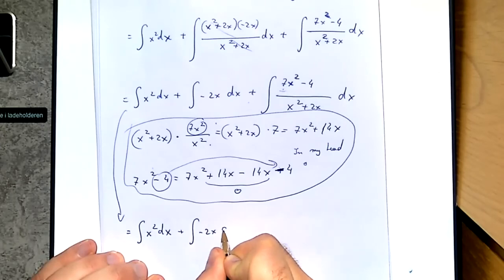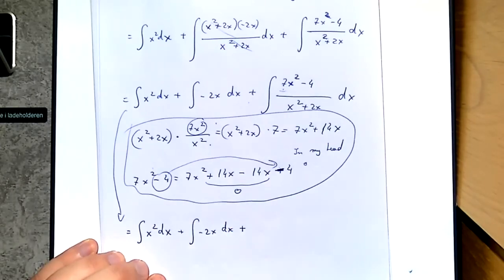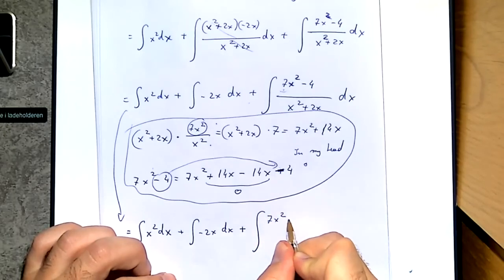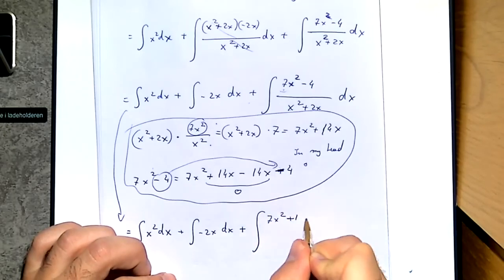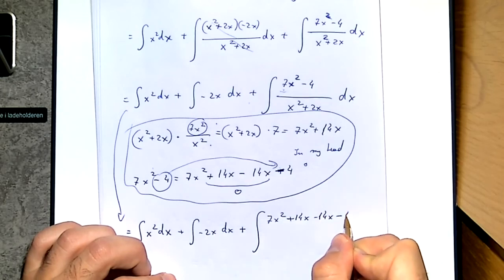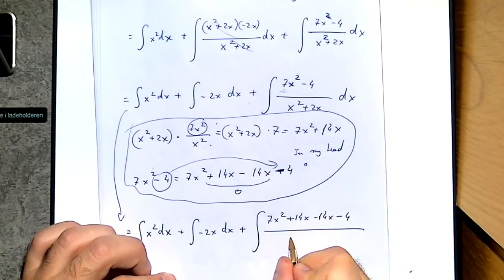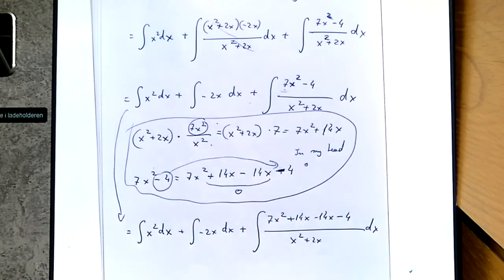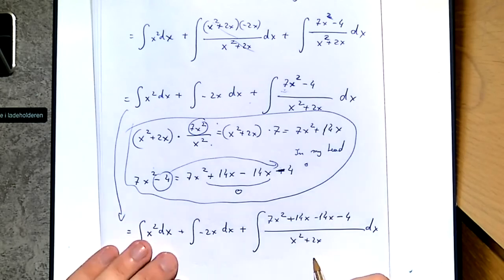Integral of minus 2x dx plus, again, I do the exact same trick: 7x squared plus 14x minus 14x minus 4, that's a minus, yes, over x squared plus 2x dx. Again, same thing.